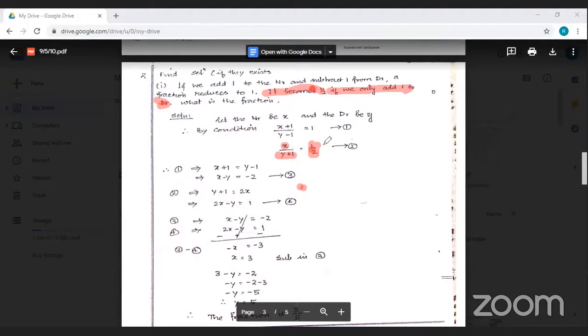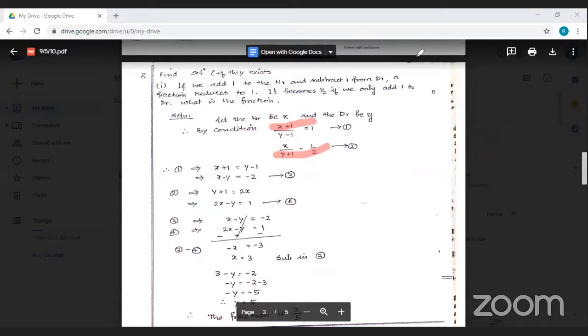That time it will become 1 by 2. This is the second equation. First, it should be clear whether the forming of the equation is correct or not. Anybody having any doubt in equation 1 and 2?